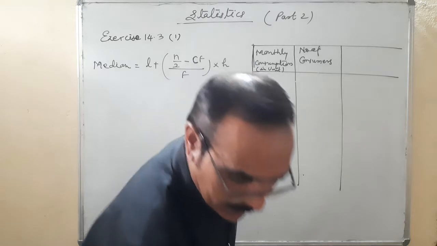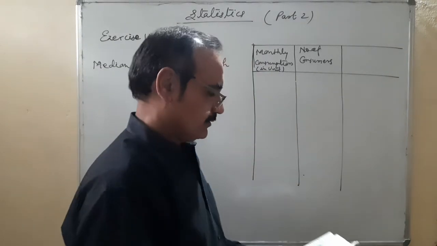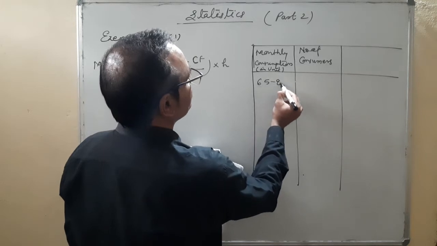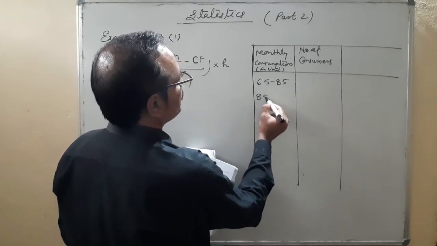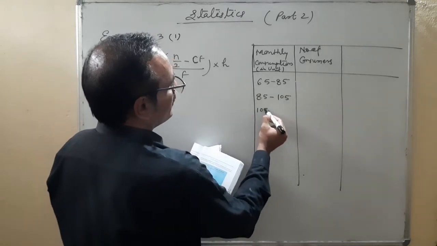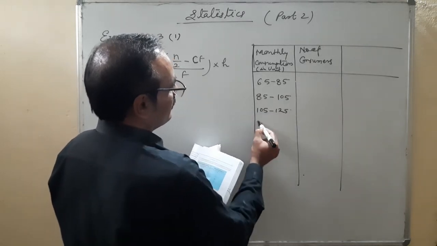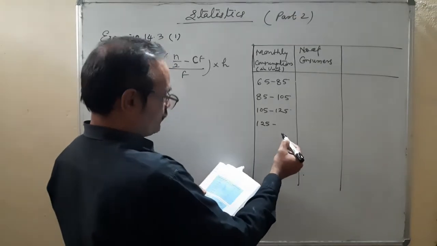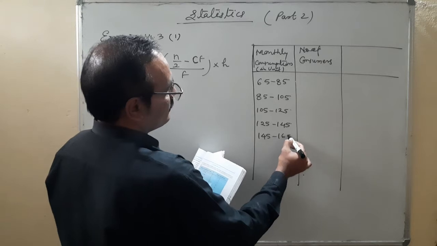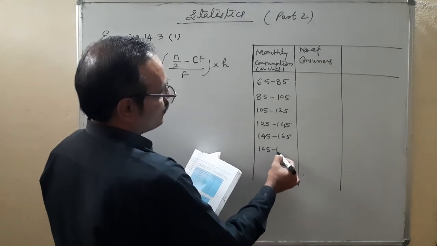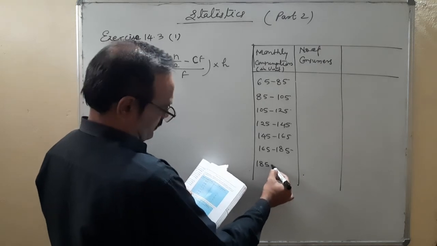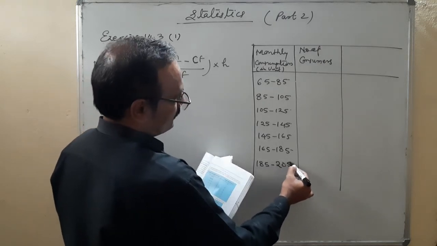Okay. And now I am writing the numbers of the table: 65 to 85, 85 to 105, 105 to 125, 125 to 145, 145 to 165, 165 to 185, and 185 to 205.